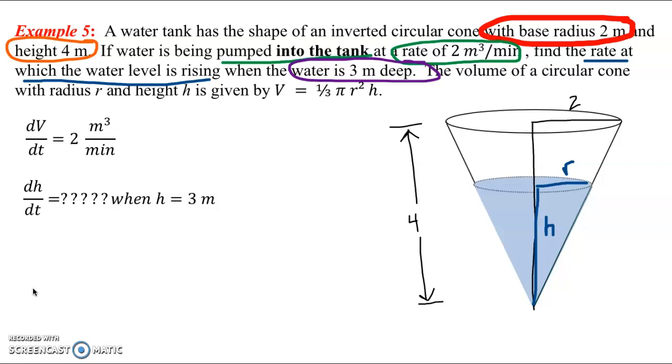But I know at this particular point in time, the height of the water is going to be 3 meters. And they're asking me to find the rate at which the water level is rising. So they're asking me to find the rate of change in the height of the water, which is dh/dt. They're asking me to find dh/dt at the point when the water is 3 meters deep.